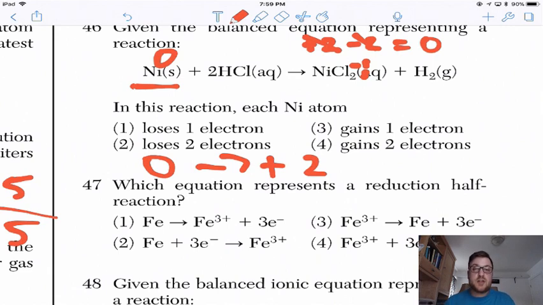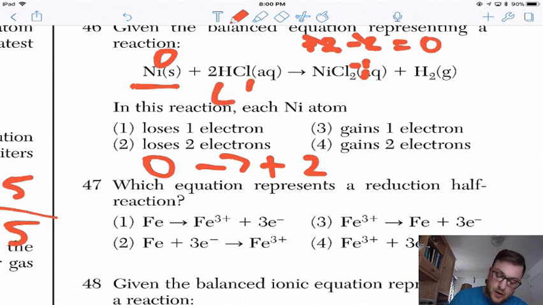If the charge gets bigger, it's getting oxidized. If the charge gets smaller, it's getting reduced. I like to approach it from the side of reduction because I know that when something gets reduced, it gets smaller. And if the charge gets smaller, it must get reduced. The charge is getting bigger here, so it's not getting reduced.